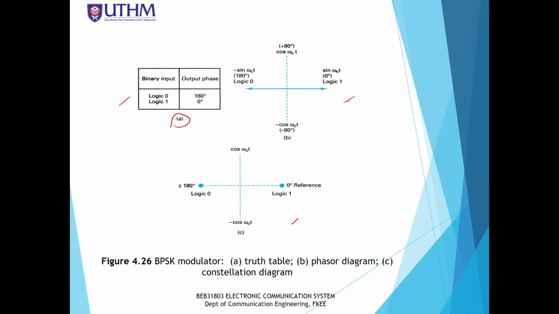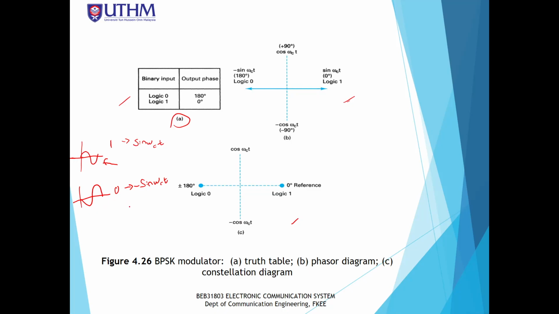So what is this actually? If you see here, remember logic 1 is represented as sine wave, sine omega ct, whereas logic 0 is represented by negative sine. So you see that for logic 1, there's no phase change. The phase starts at 0 degrees.